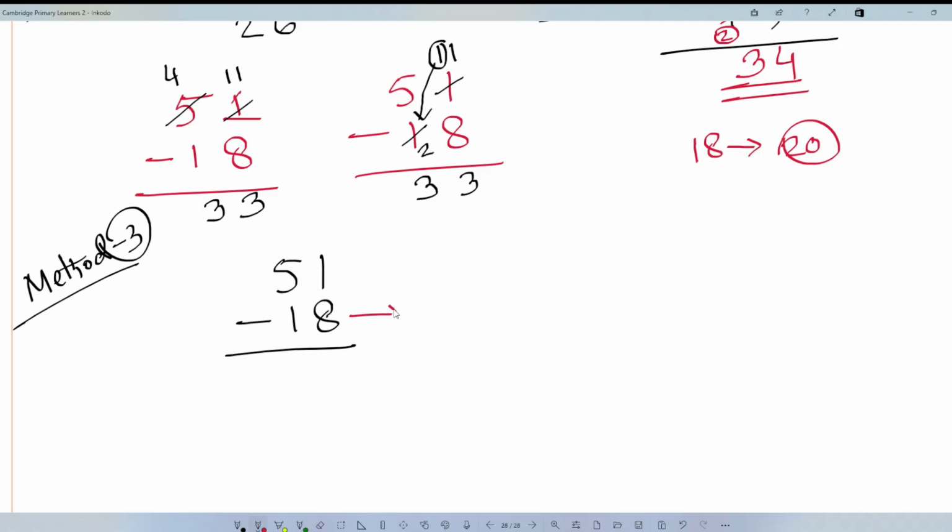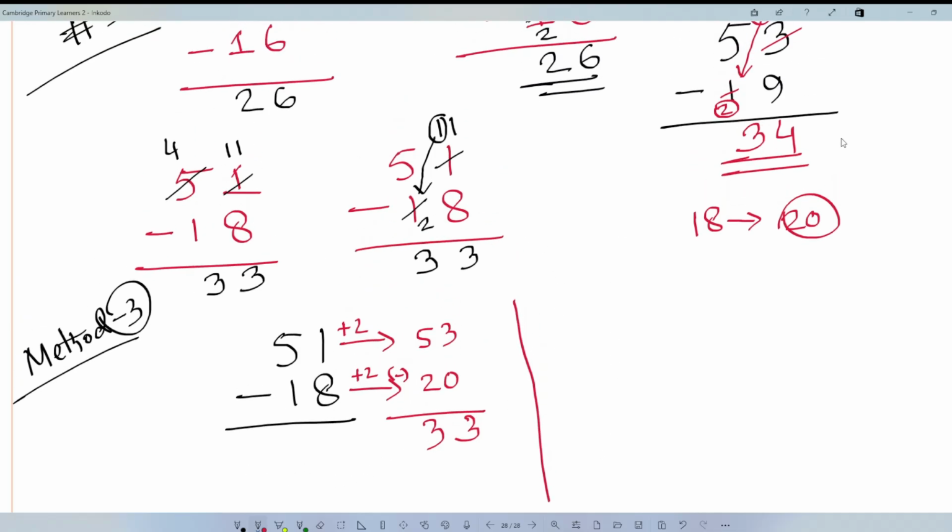So 18 we will add 2. This is 20. Similar, 51 we will add 2. It will become 53. Now let's subtract. 3 minus 0 is a 3, and 5 minus 2 is a 3. Okay, let's practice another one, similar thing.